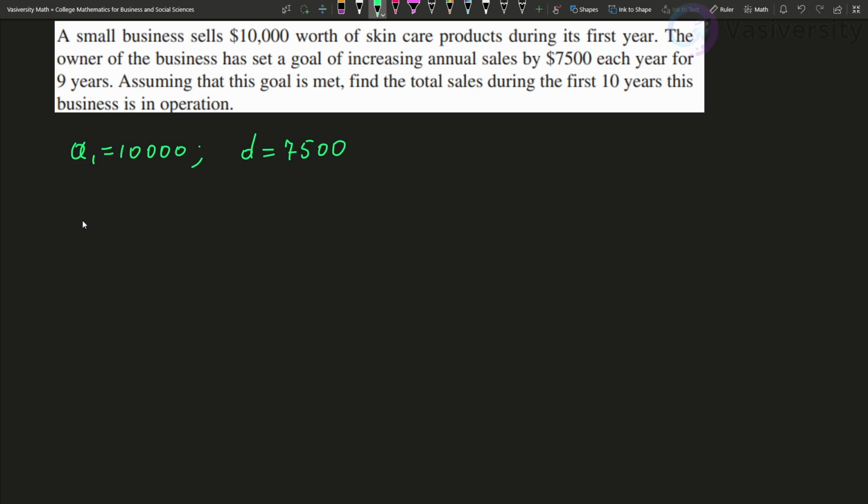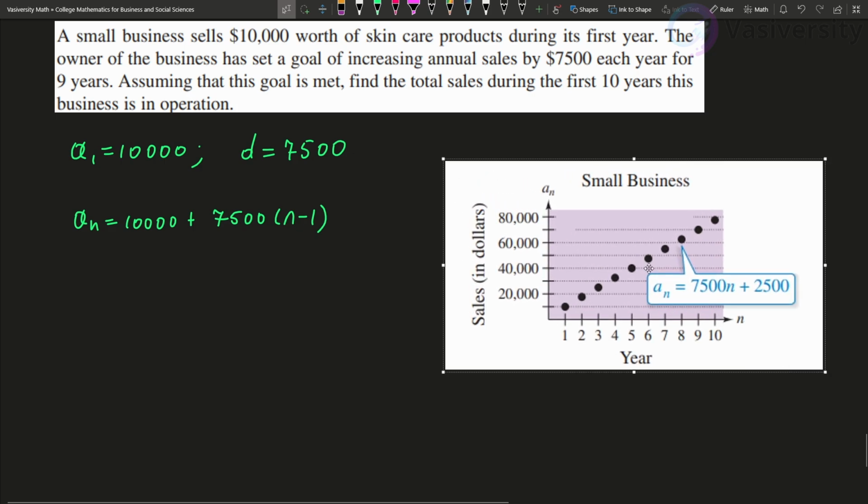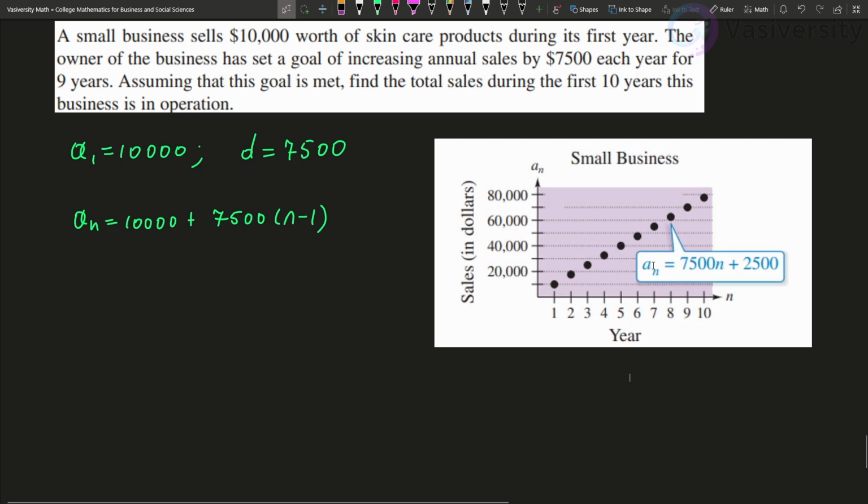Right, but first let's think that we're given a sub 1 is equal to $10,000, and then the difference here is actually 7,500. And n is going to be the number of years, right? So our formula is going to be a sub n is equal to 10,000 plus 7,500 times n minus 1, right? So we can use that to graph it. Okay, so we're going to get a linear graph here of our sequence. So the 10th term, what would be the 10th term? So a sub 10 is going to be equal to the following.